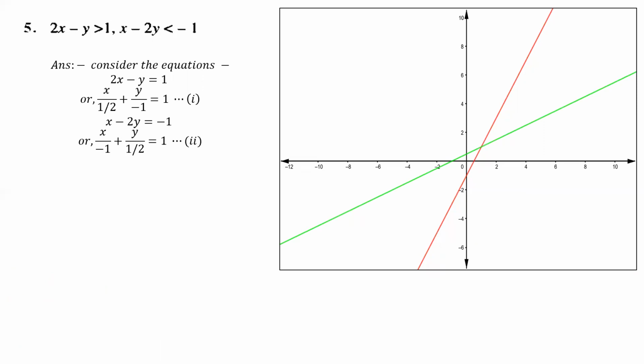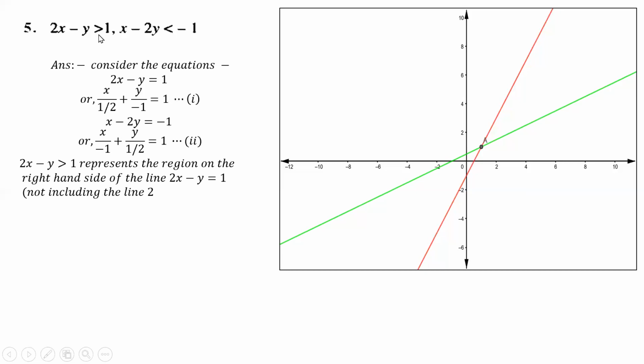Now let's talk about the region covered by these two inequalities. So let's talk about the first inequality, 2x - y > 1. Greater than means always the right hand portion or the upper half. So we consider the right hand portion of this red line, definitely not including the line, since the greater than sign is there, not greater than or equal to.